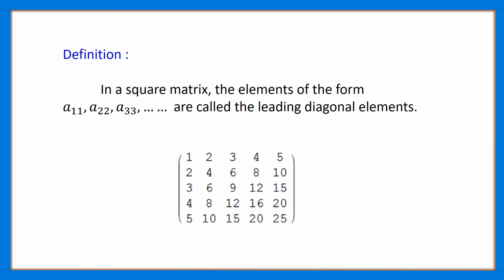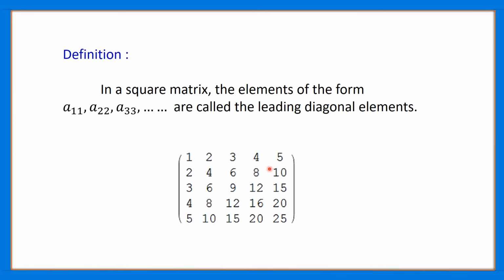That is, for a matrix, the diagonal elements denoted as A11, A22, A33, A44, A55, etc. are known as leading diagonal elements. The definition is: in a square matrix, the elements of the form A11, A22, A33, etc. are called the leading diagonal elements.